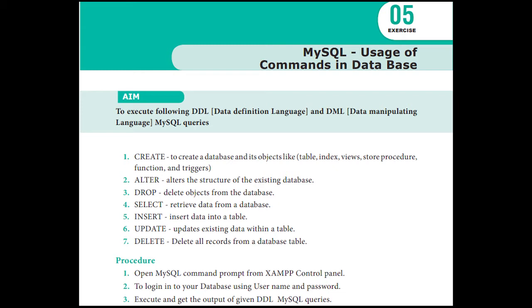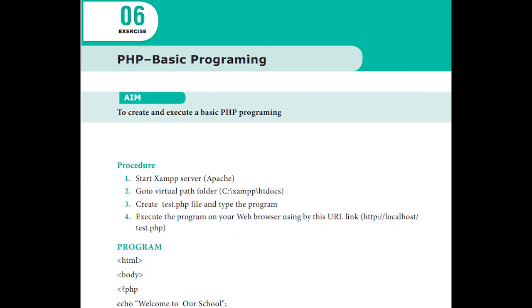This is the fifth exercise, and from the sixth exercise, if you see, it will be of PHP. So the sixth exercise is a basic PHP program to display a text, a color, or a number. You will be using a small function and doing this basic programming.